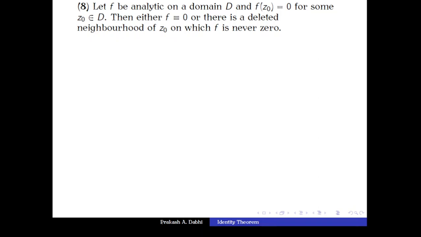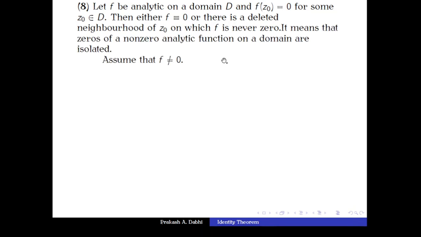So again we have to show either the first statement holds or the second statement holds. We assume that the first statement does not hold, and then we want to show that the second statement is true. So let us see how we do that.